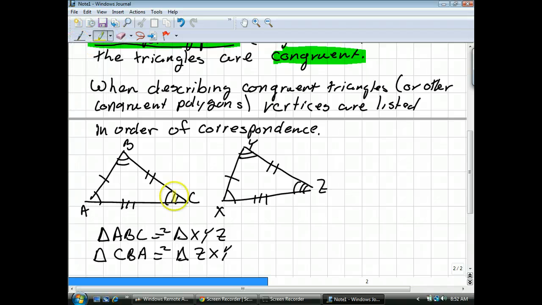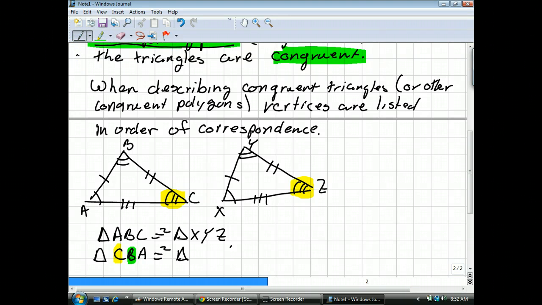angle C corresponds to angle Z, so they have to be in the same position. Angle B corresponds to angle X. I'm sorry, I did this wrong. Let me fix this. This is incorrect.